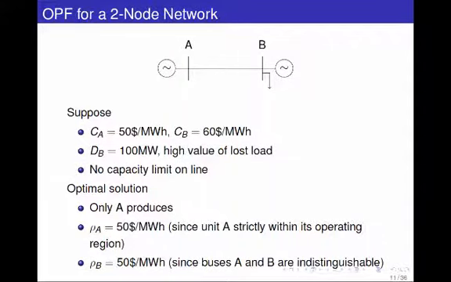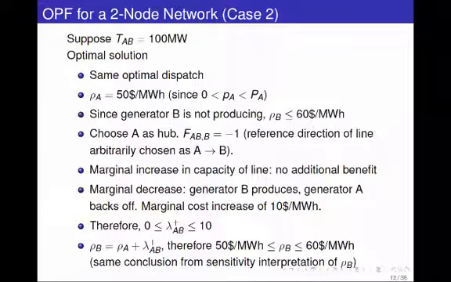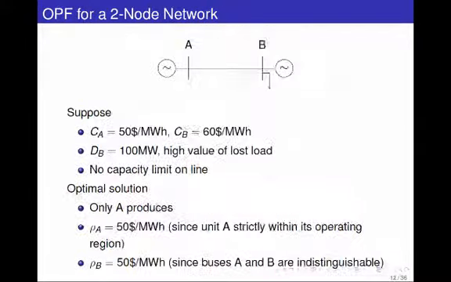Now, I will tell you also that bus, yes, I will now arbitrarily choose this guy, bus A, as a hub node. What is the power transfer distribution factor from bus B on line AB?